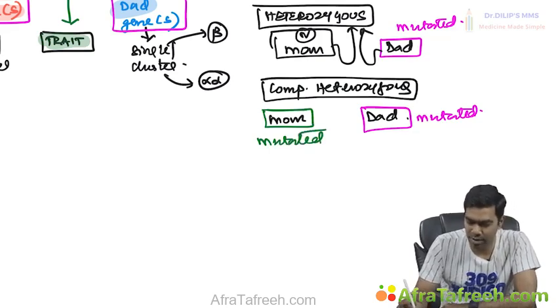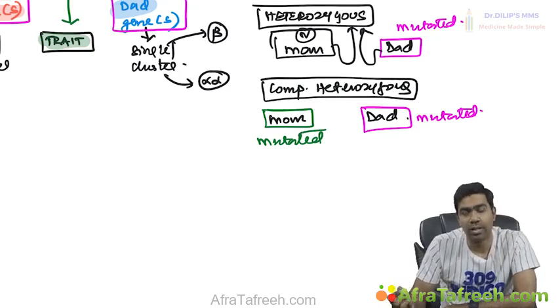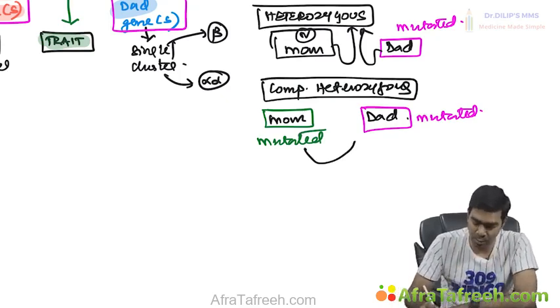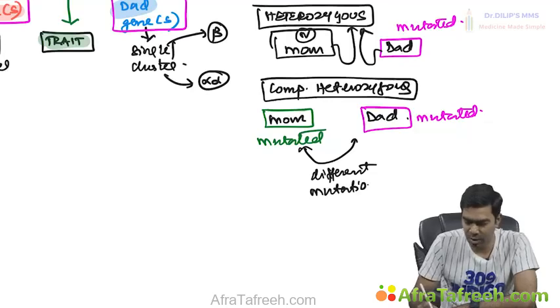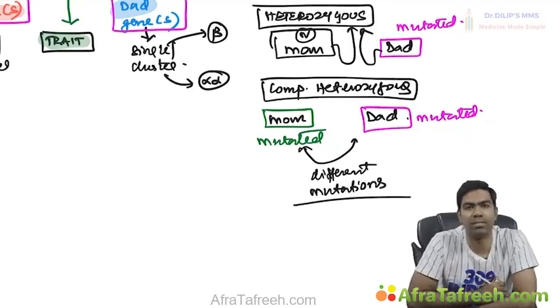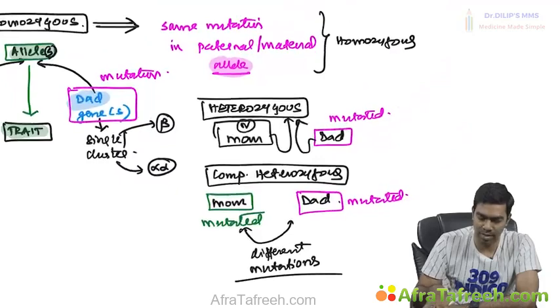But why I put different colors, one in pink and one in green, is that both are completely different mutations. They are not the same. This is what we refer to as a compound heterozygous mutation or a compound heterozygous variant.